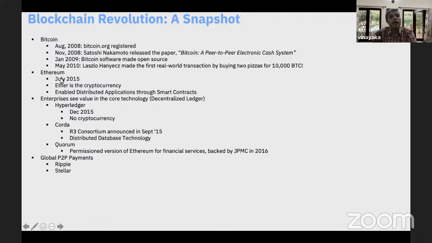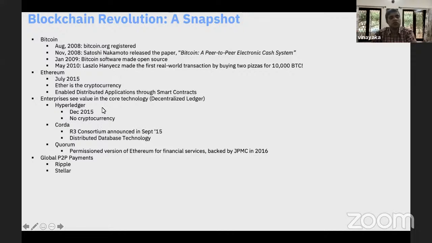The next step in blockchain evolution was another protocol called Ethereum, and this was 2015. What it did is it actually improved upon Bitcoin, in the sense that it truly enabled distributed applications through smart contracts for the first time on a blockchain network.